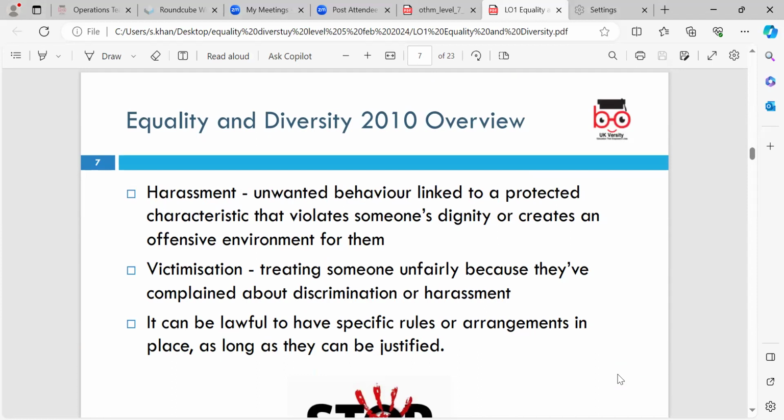I've worked for an institution years ago, and there was at that time loads of cases of harassment. There was this one manager who was micromanaging, but he was also creating an offensive kind of environment for women, and being quite derogatory in terms of what they wear, how they wear things.